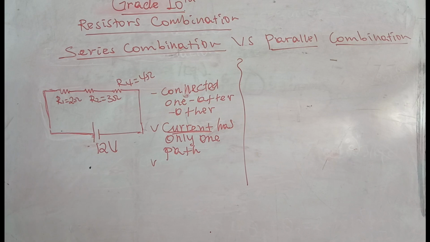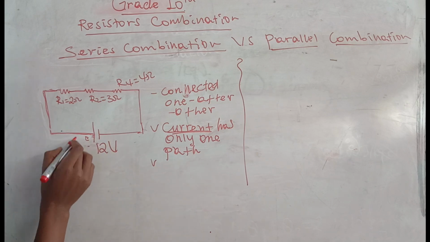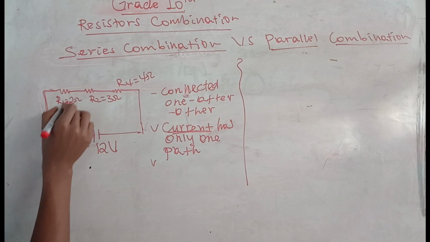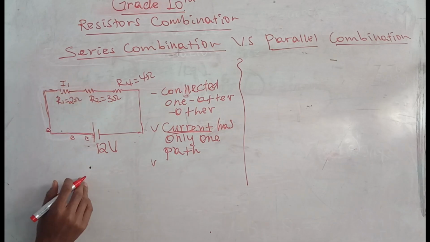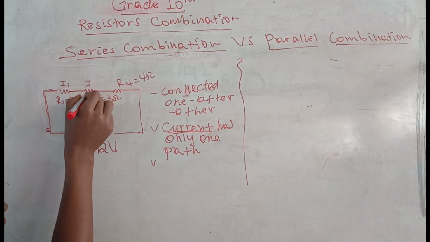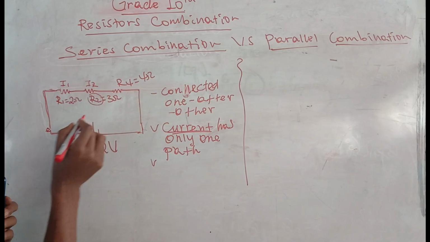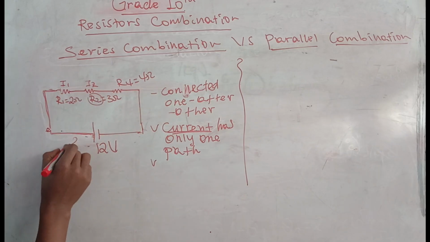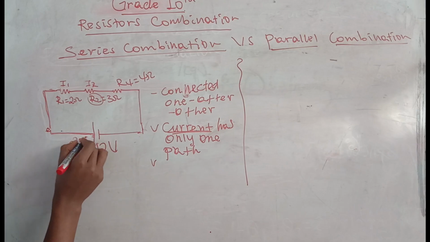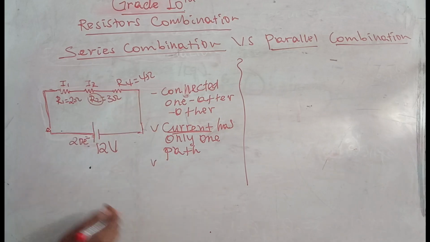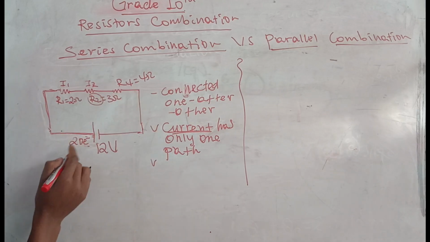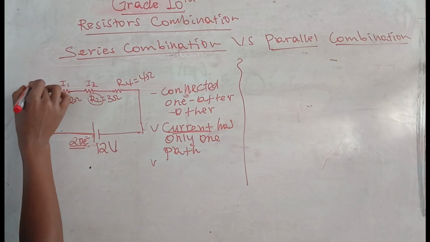Another thing we know is that the same current flows through these resistors. The same amount of charge will pass through each of them. For example, let's assume 20 electrons come through this path.